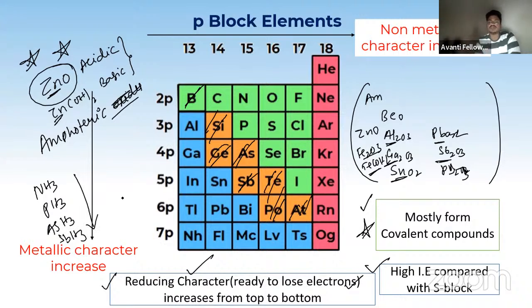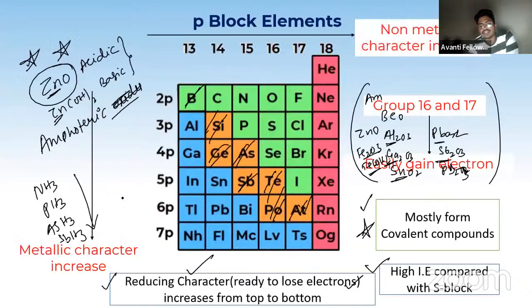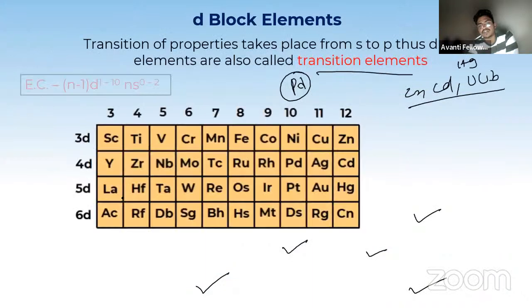Just remember, down the group, reducing character increases because they can readily lose the electrons. I hope you guys understand. Usually they will have higher electron affinity, and these are most electronegative in nature. We will study about them separately.